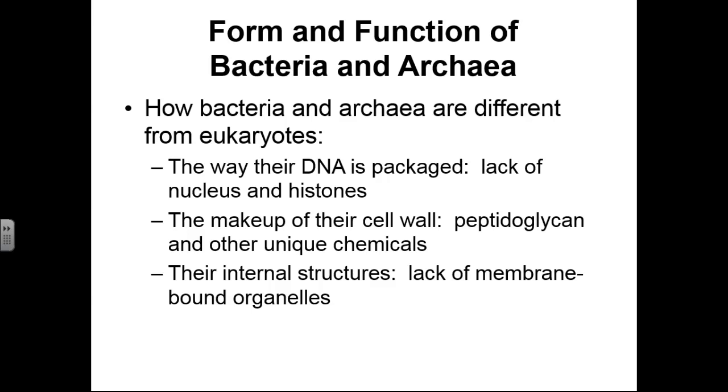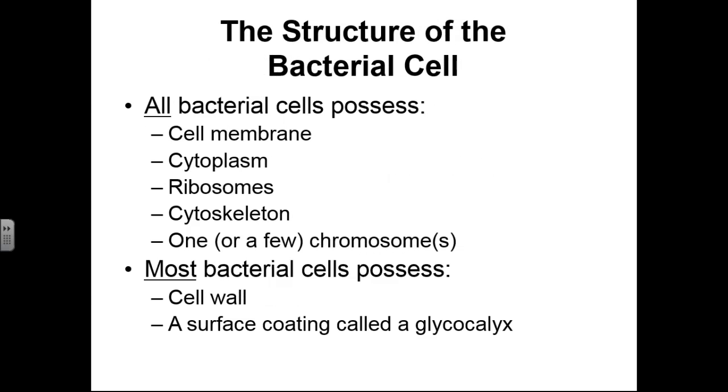If we look at the cell wall of bacteria and archaea, they have peptidoglycan and some other unique chemicals, but the big one is peptidoglycan, made of those NAG and NAM subunits. We also have internal structures inside of bacteria and archaea that are different from eukaryotes, particularly the lack of membrane-bound organelles. If the organelle is not membrane-bound, it can still be in our bacteria and archaea. For example, a ribosome.